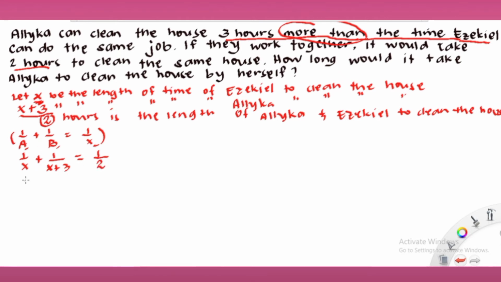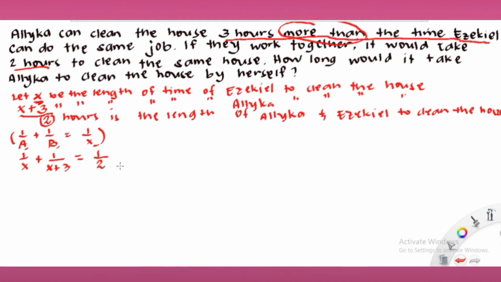So this is now our equation, which is a rational algebraic equation. Since this is in ratio form, di ba? Naka-fraction form siya. So, rational siya. Now, in this example, we are going to transform this rational algebraic equation to quadratic equation.